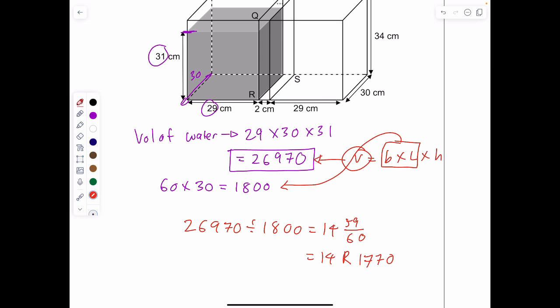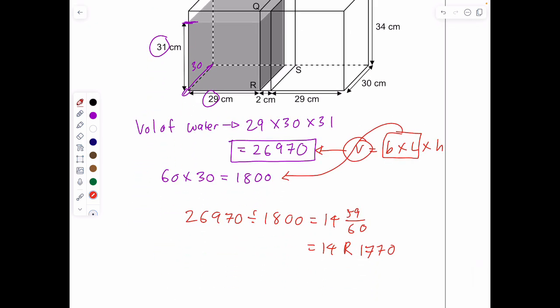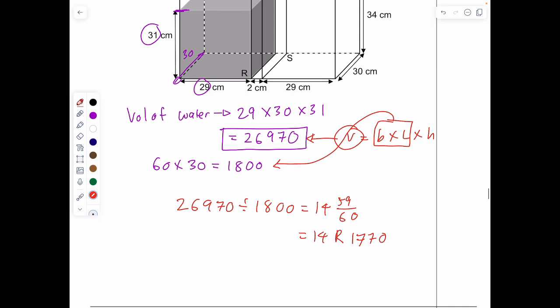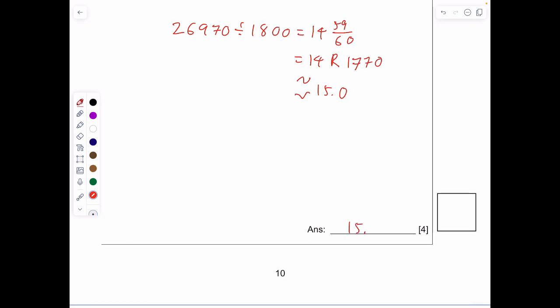Now we will set to round off, okay, to 1 decimal place. So over here, after rounding off, it would be 15.0. So because it's 1 decimal place, you must put the 0.0 at the back.